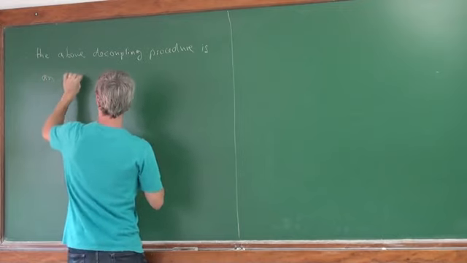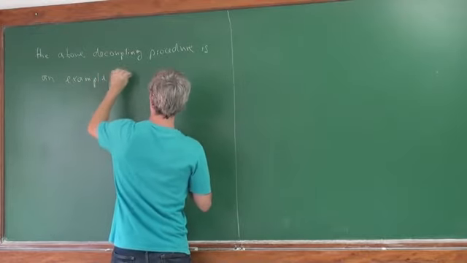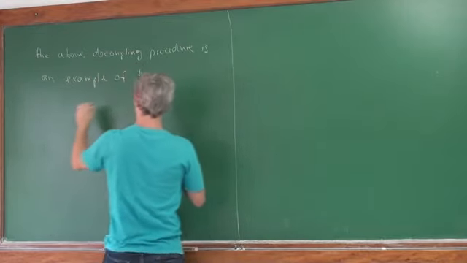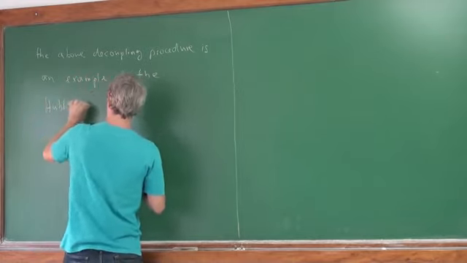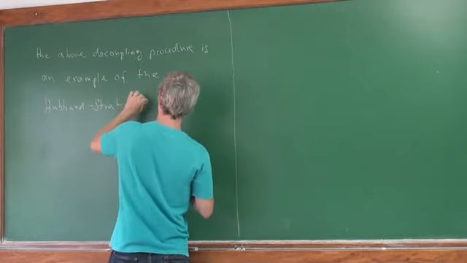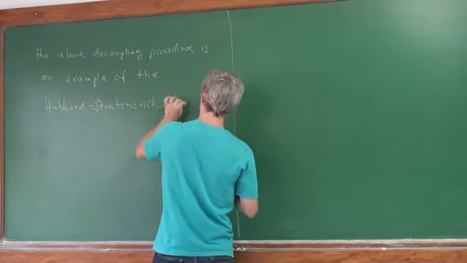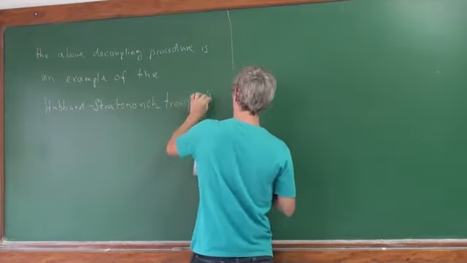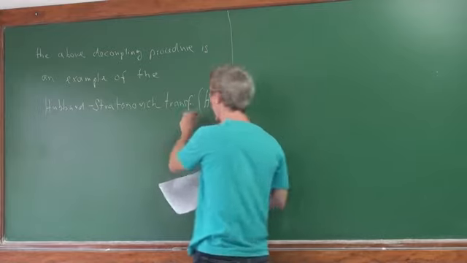It's an example of what is called the Hubbard-Stratonovich transformation. This is one example of the famous Hubbard-Stratonovich transformation, and I will not write it out, I will just call it HS.